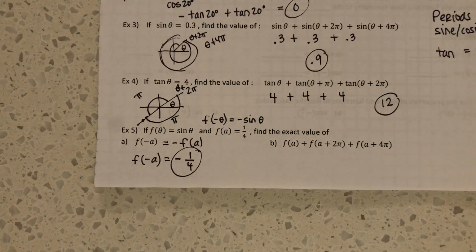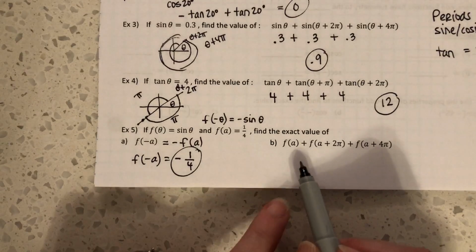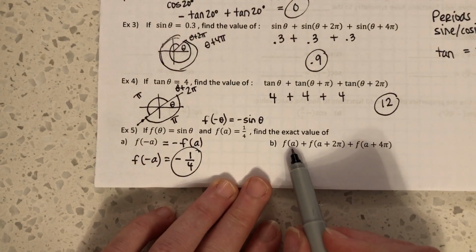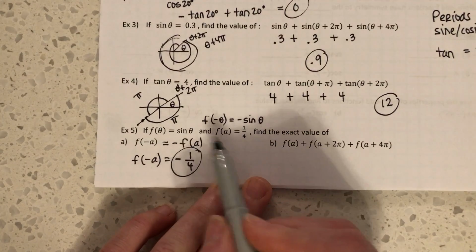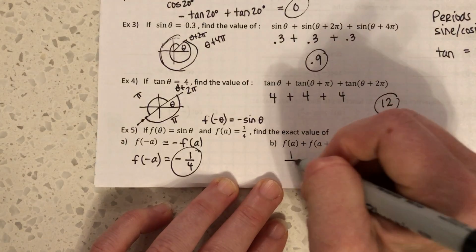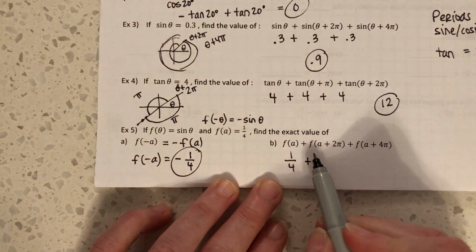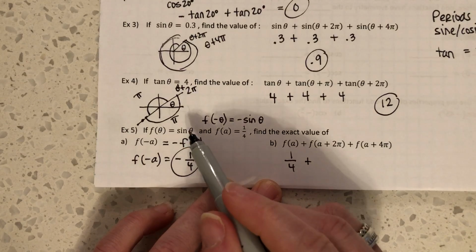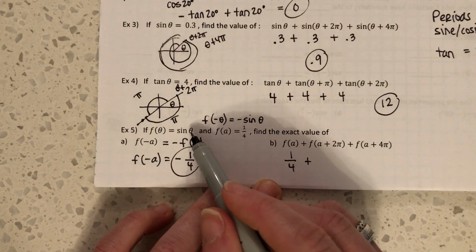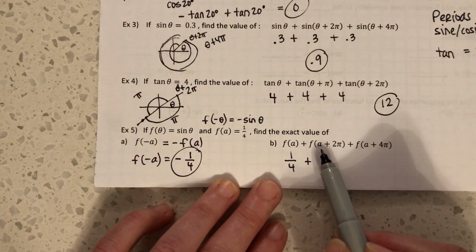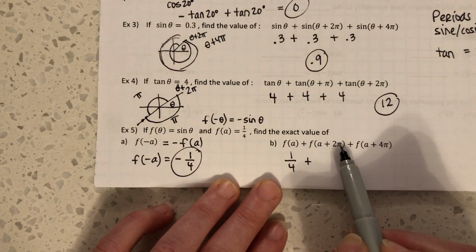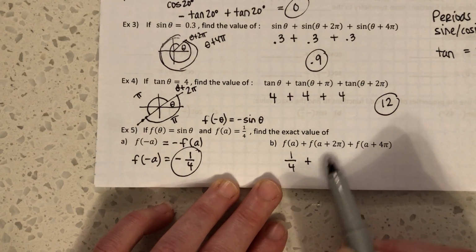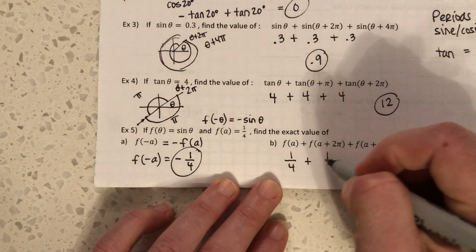Okay? All right. And then look at this one. Well, f of A is obviously, what do we know f of A is? It's 1/4. Plus, well, what about f of a plus 2 pi? Guys, this is the sine function. Every 2 pi radians, you're going to land in the same spot, so every 2 pi radians, the output repeats. So if this is your angle and you add 2 pi radians to it, you've landed in the same spot and you're going to get the same output, the same ratio.